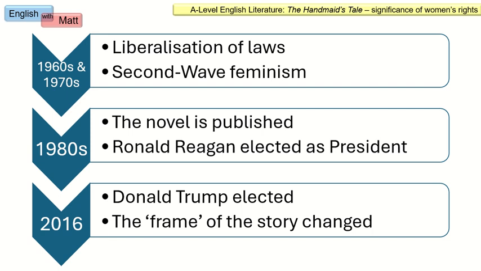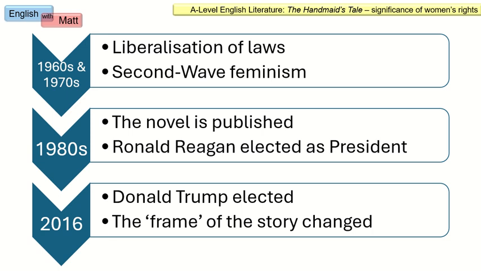And Margaret Atwood has said herself many times that because of that election, even though the novel hadn't changed and the script hadn't changed, the frame of the story had changed because people went from saying this novel is a bit of an empty threat of what a future could be to actually going, here it comes. So the frame of the story changed. So this novel actually has its origins much earlier than when it was actually published in the mid-80s.